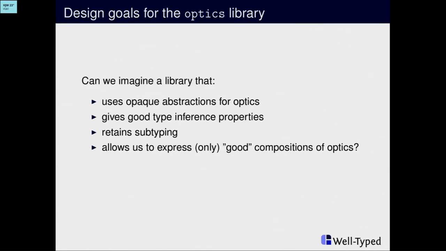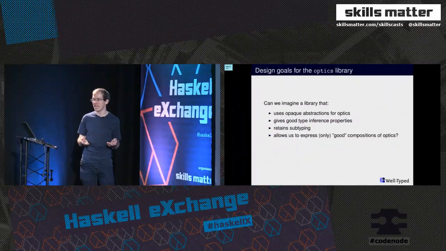So rather than saying, well, lens and getter and setter are all just type synonyms, can we make them proper types in a way that gives them their own unique identities? And that should help with type inference and error messages, because GHC's just got a lot more to work with. It knows that we're treating these things as different types, and we have names for them that it can report.